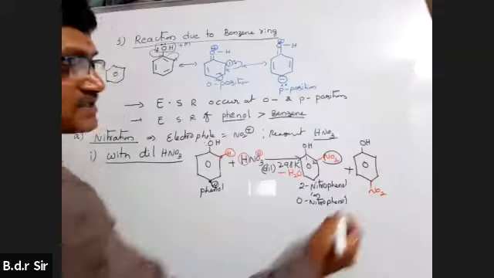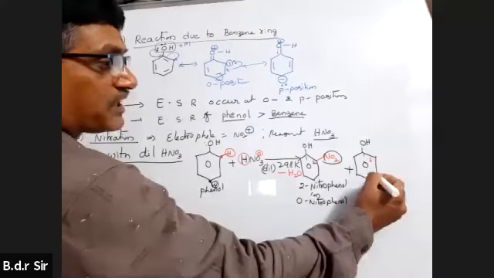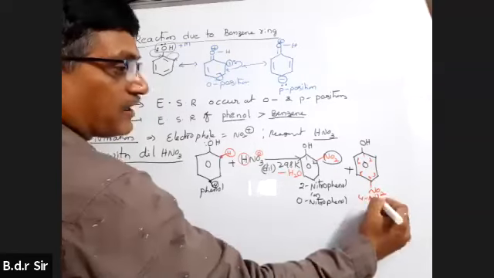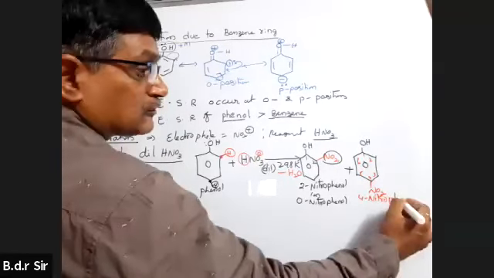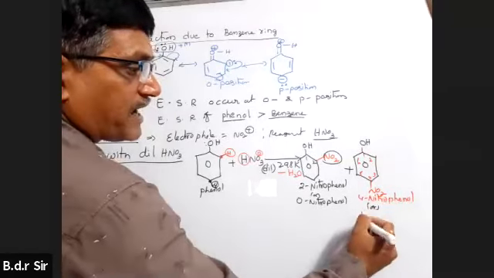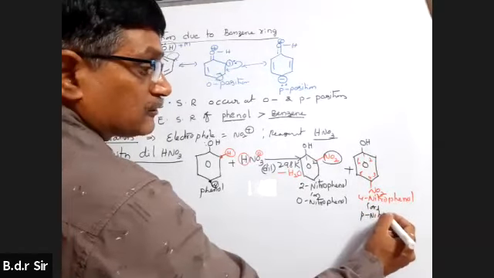So what is the name of this compound? 1, 2, 3, 4. 4-nitrophenol or para-nitrophenol.